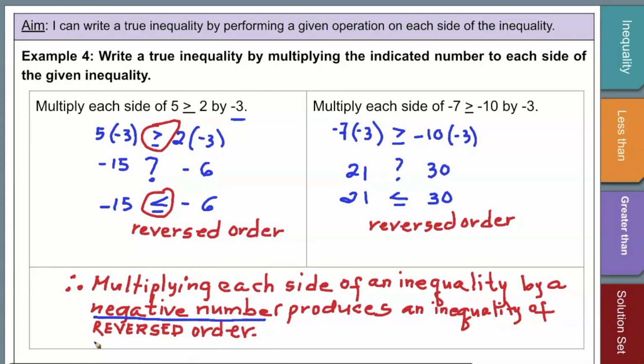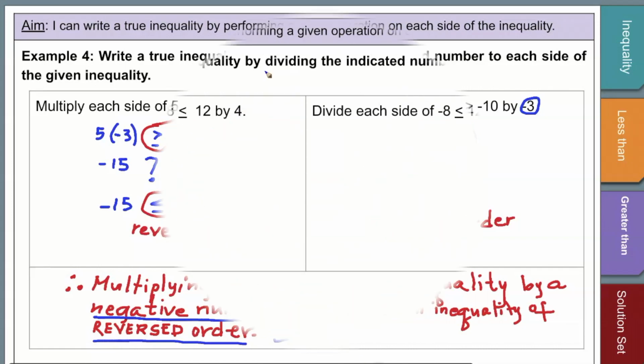From the original greater than or equal to, it will change to less than or equal to. Or if the original inequality is less than or equal to, it will become greater than or equal to whenever you multiply the original inequality by a negative number.